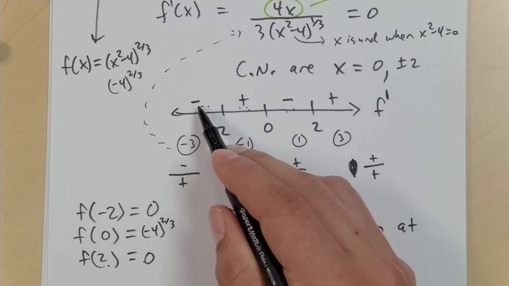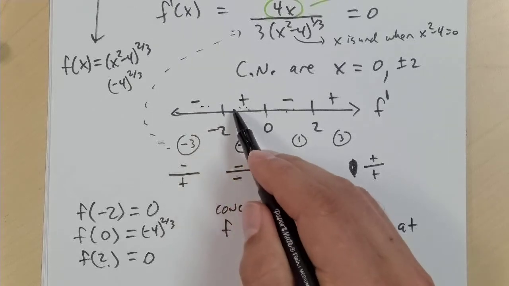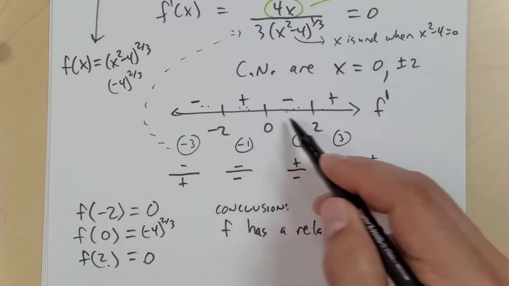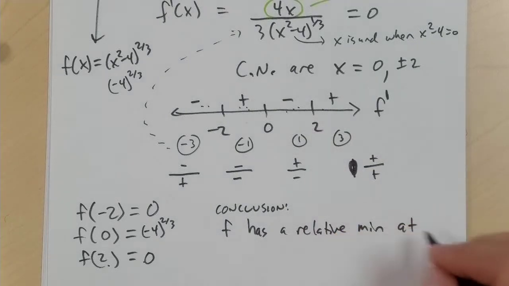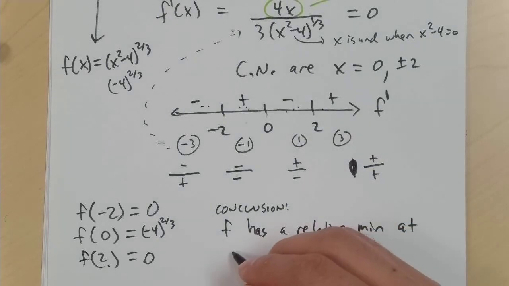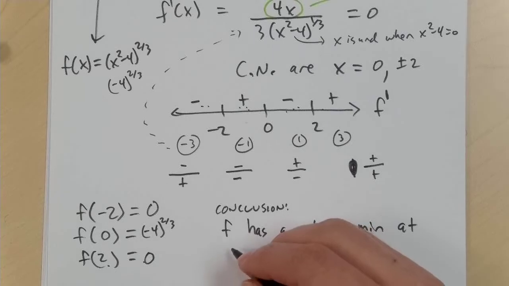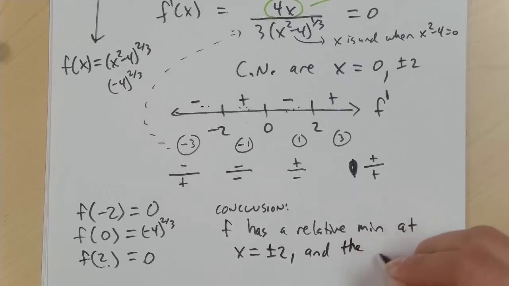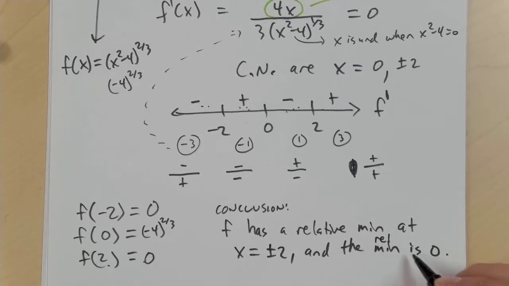In other words, the original function is decreasing, then increasing. That happens at -2 and +2. So f has a relative min at x equals plus and minus 2, and the minimum is 0. And the relative min is 0.